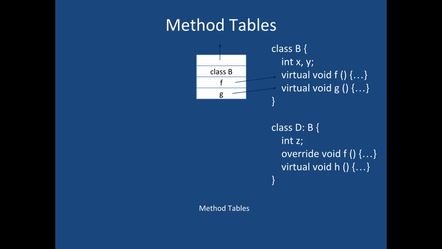It will be a reference to B's table, because D extends B. It'll say class D, and then what methods will it have entries for? What methods does D provide?